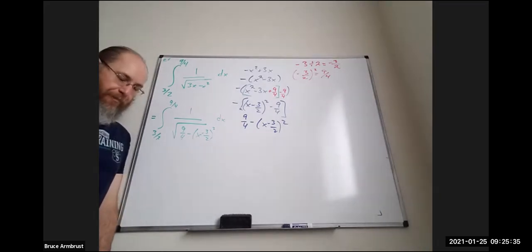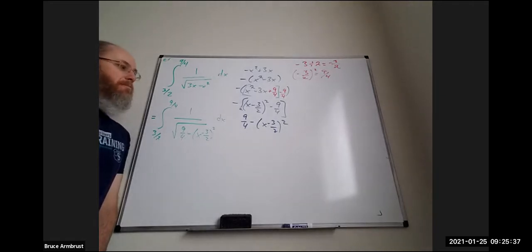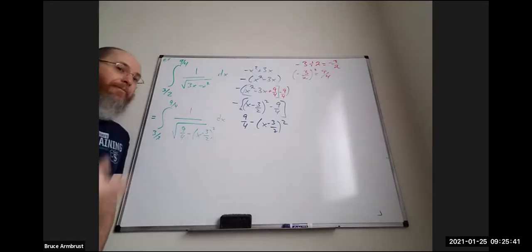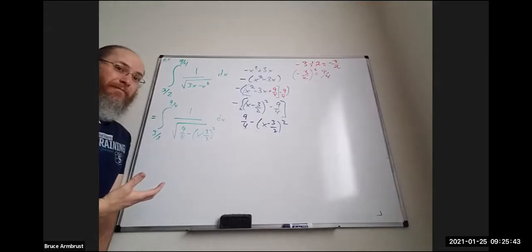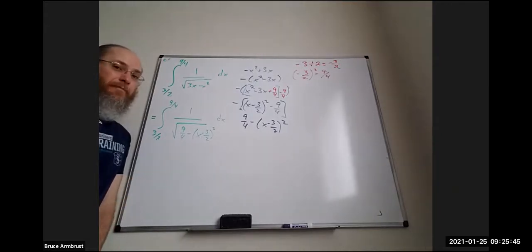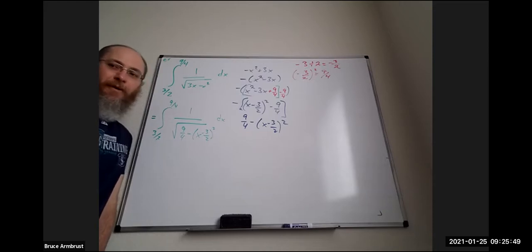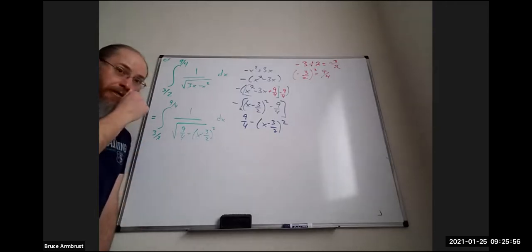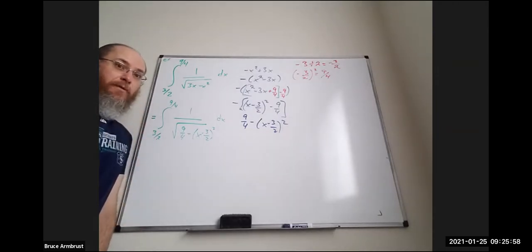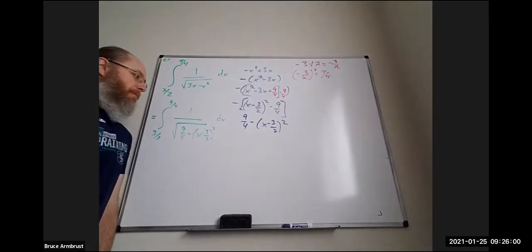Whew. All right. Now, was that helpful? Hopefully, right? Otherwise, there's no reason to do it. But this is definitely better because this is starting to look like one of the inverse trig forms. Right?